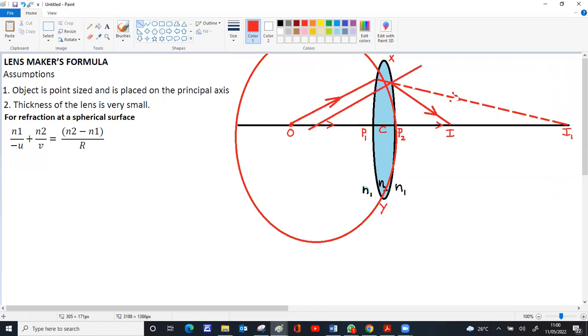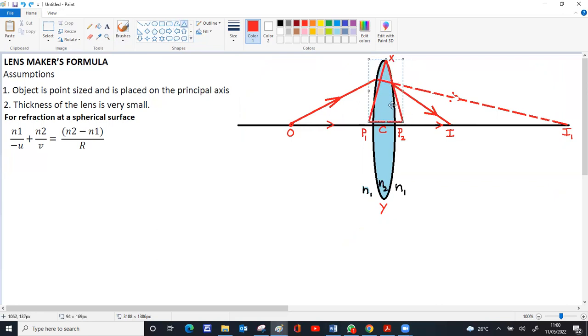So you know the reason why the light ray is bending down: the top half of the lens can be taken as a prism. In a prism, you already learned the light ray bends towards the base if the material is denser than the surrounding medium. That is just for understanding why the light ray bends towards the normal.